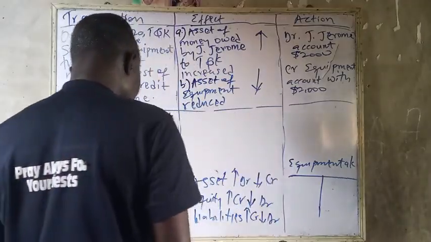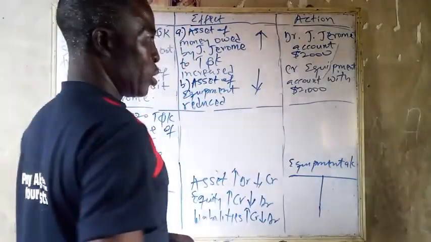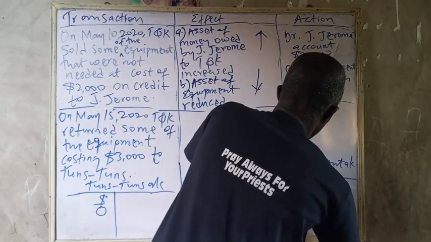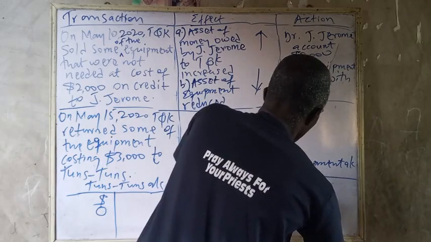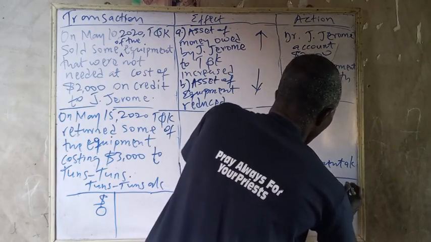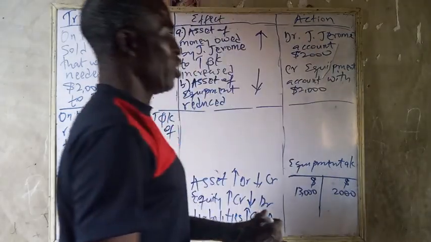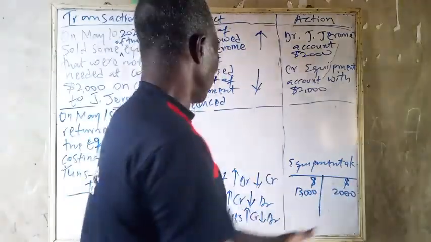What is the value? We bought 15,000 and we sold 2,000 out. From 15,000 it reduced to 13,000. We sold part of it, 2,000.